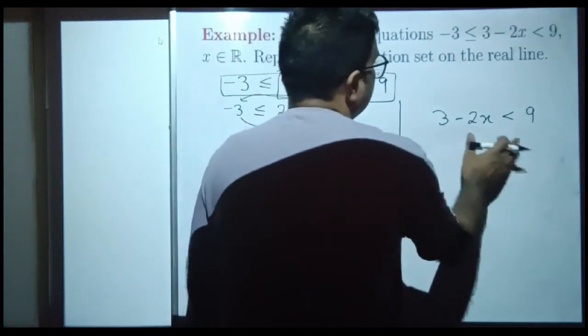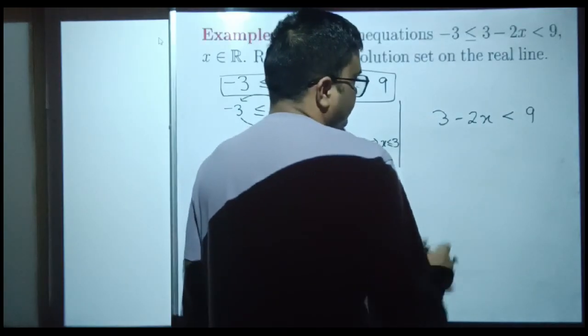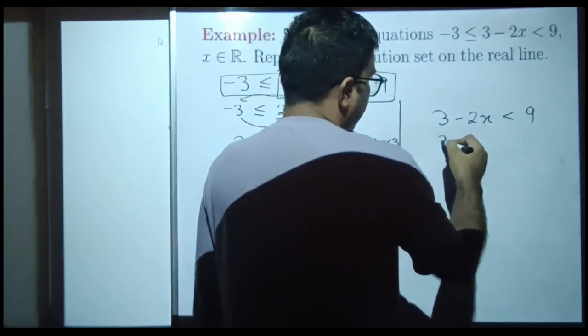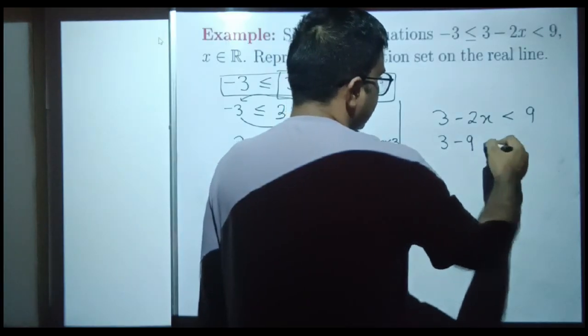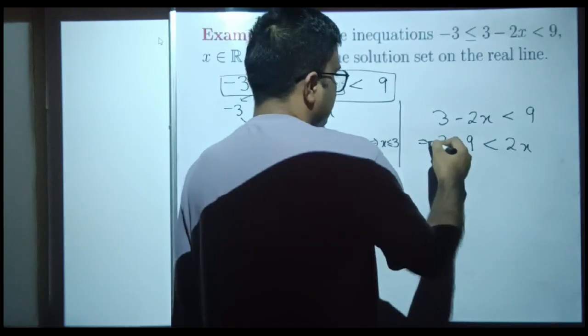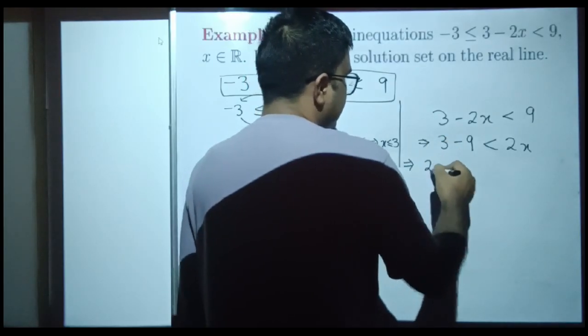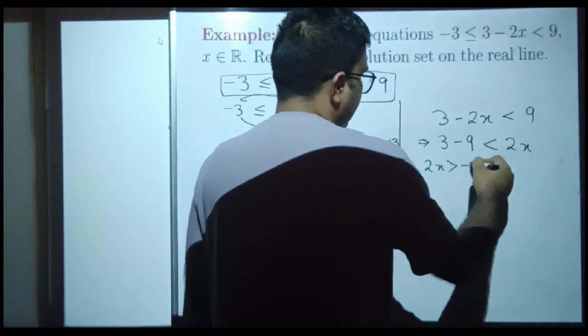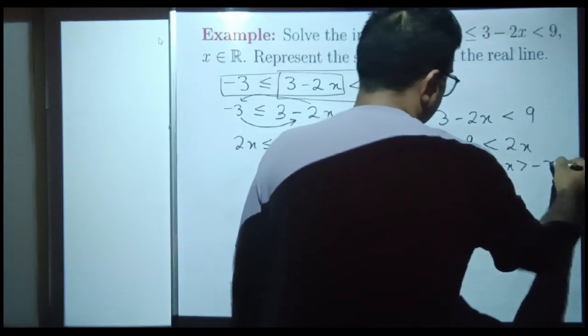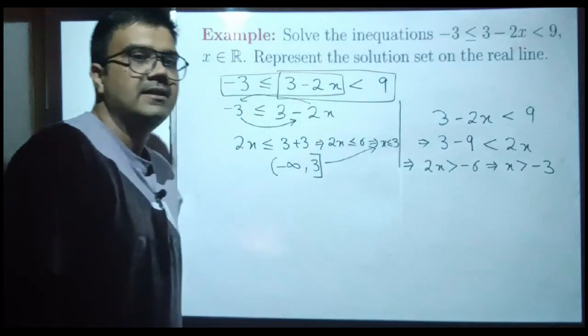Now we consider this part. We write it in the form 3 minus 9 is less than 2x. This implies that 2x is greater than minus 6. So this implies that x is greater than minus 3.